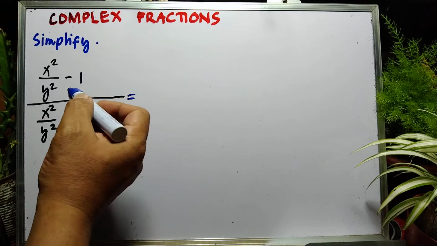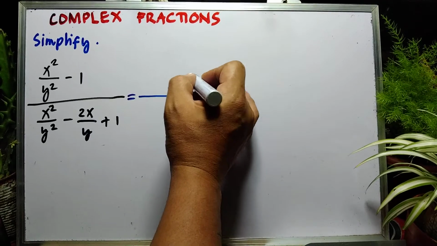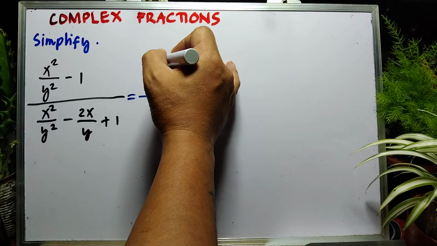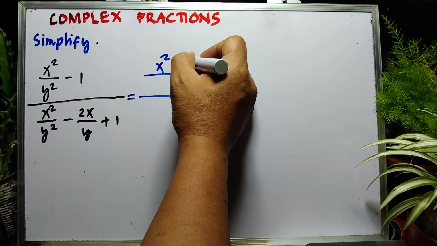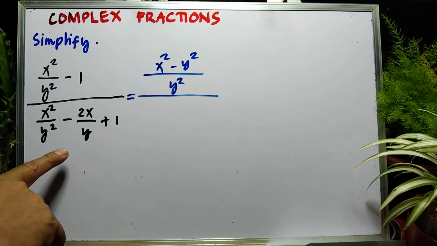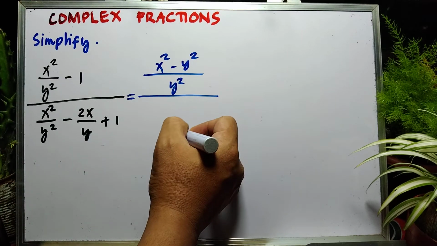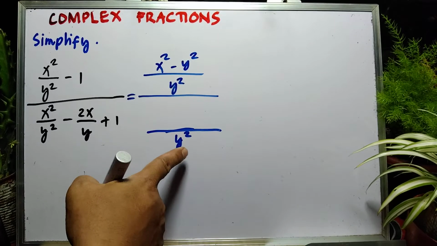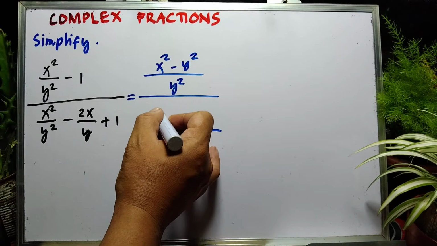Then, let's answer this. In the numerator, we need to get the LCD, which is y squared. Okay? So, y squared divided y squared is 1 times x squared. X squared. So, y squared times 1 minus y squared. Now, how about in the denominator? We need to get the LCD. Your LCD here is y squared, of course. So, y squared divided y squared is 1 times x squared. You have x squared.